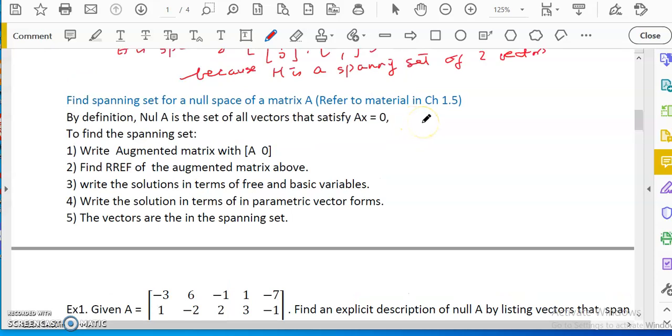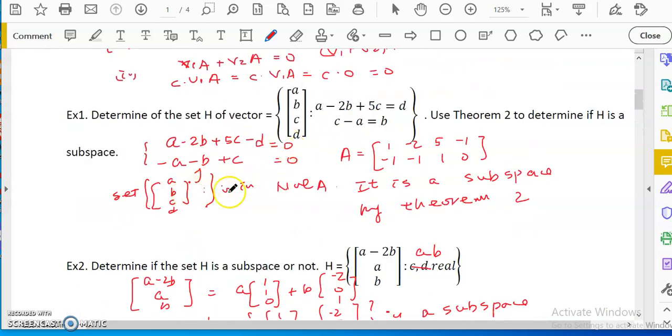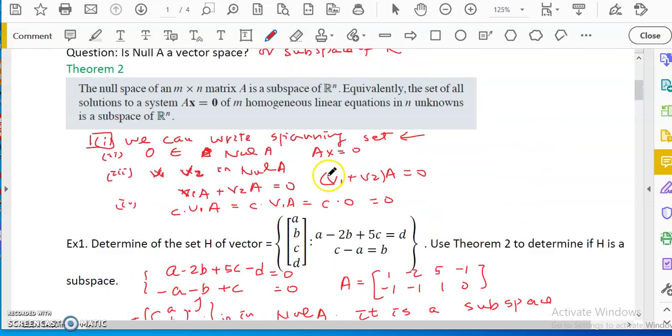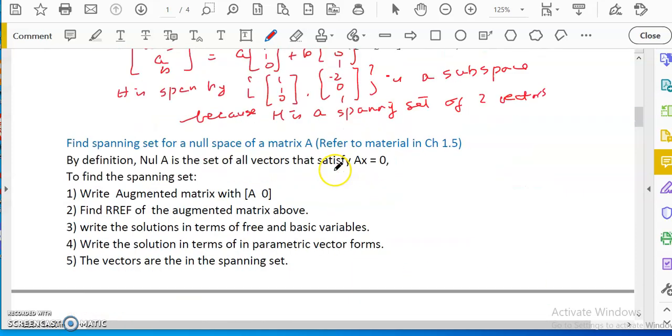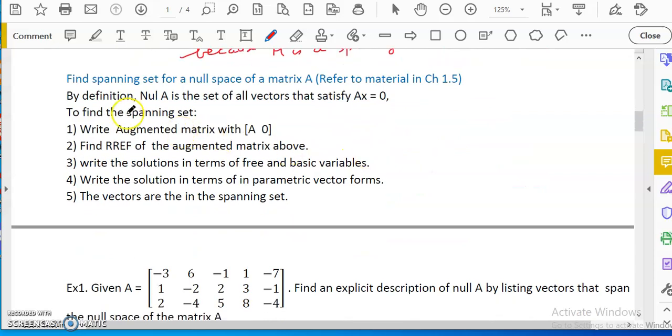Okay, so exactly how do I find a spanning set for the null space of A? Now that I know it belongs to a null space of A, and by theorem 2 we know that it is a subspace, how do I find a spanning set if I want to? This means you want to solve the homogeneous equation AX equal to 0.